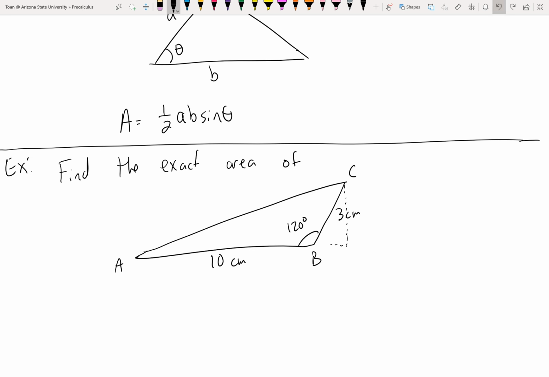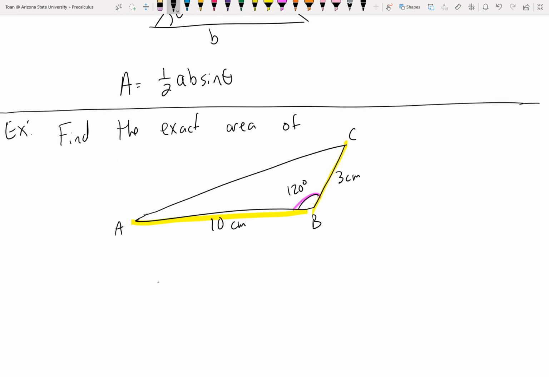This hopefully bypasses all of that, because we can see we have two side lengths and the angle in between. So it doesn't get any simpler than that. So according to the formula, the area is 1/2 those two sides multiplied together times the sine of 120 degrees.